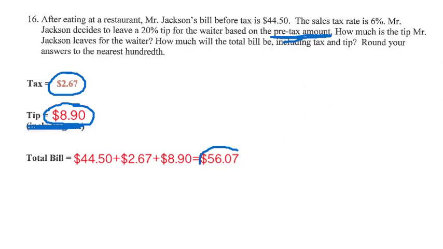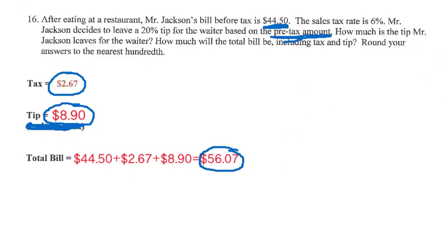And so your total bill is $56.07. Now I'm going to give you a little hint. Tomorrow on your test, your tip will have to include your tax. So in order to get the question right tomorrow on your test, you have to add your original bill plus your tax and then calculate your tip.